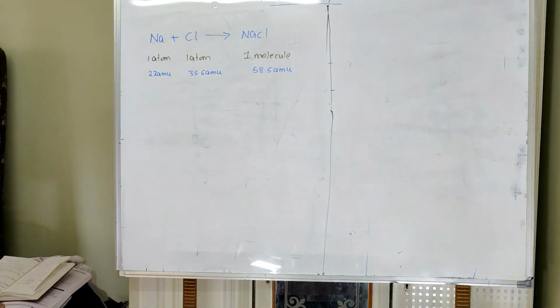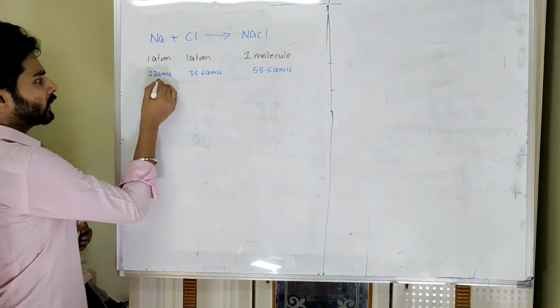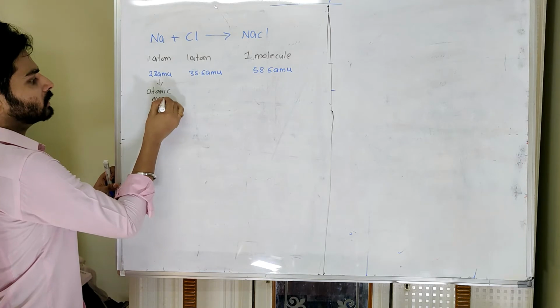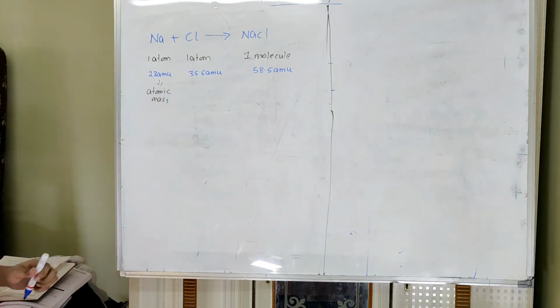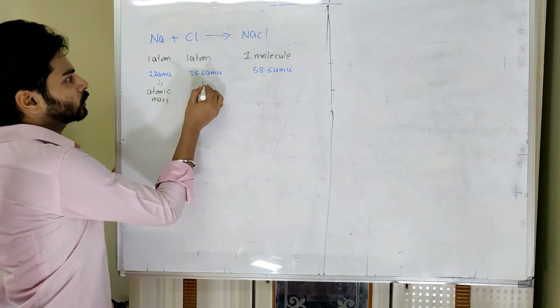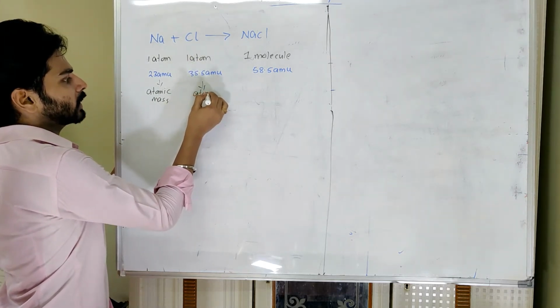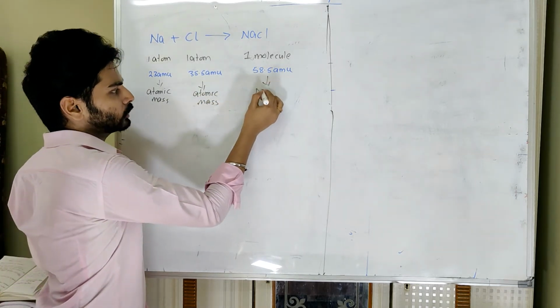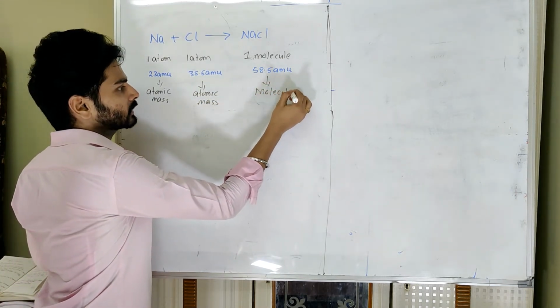Now since it is about one atom, this is atomic mass. You can convert this into gram simply by using the conversion factor, 1.67 into 10 raised to minus 24. So this is atomic mass, and this is one molecule, this is called molecular mass.